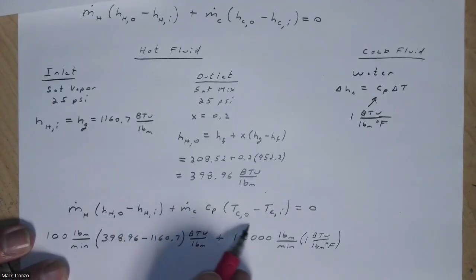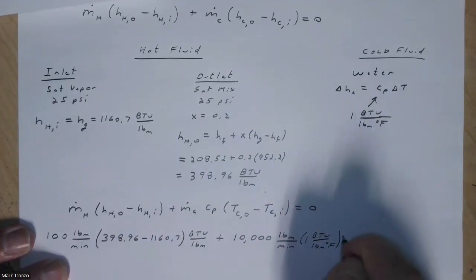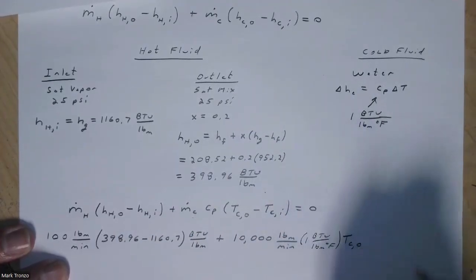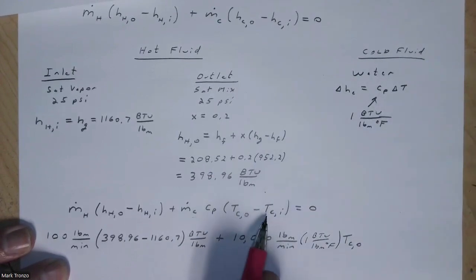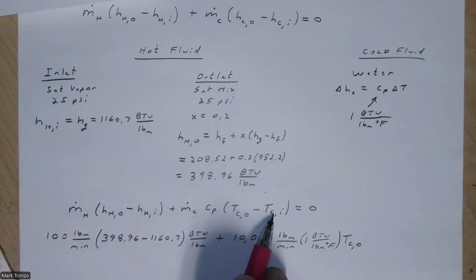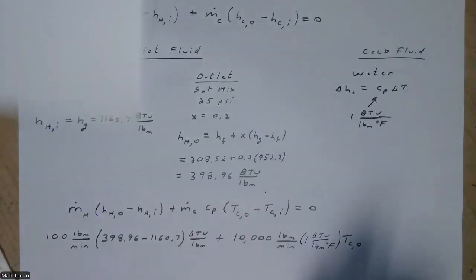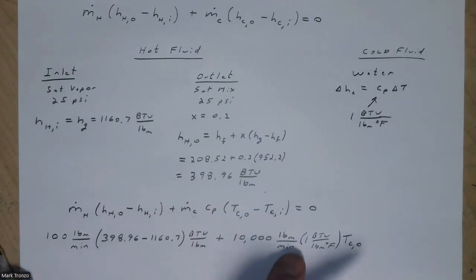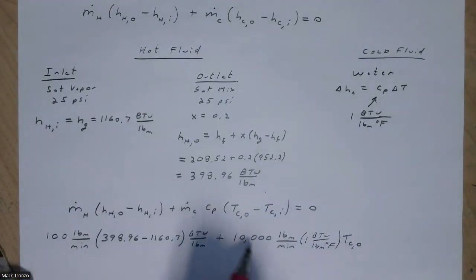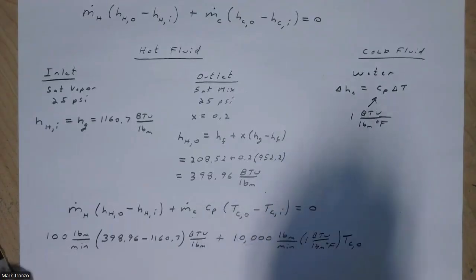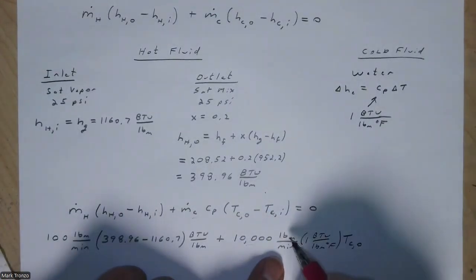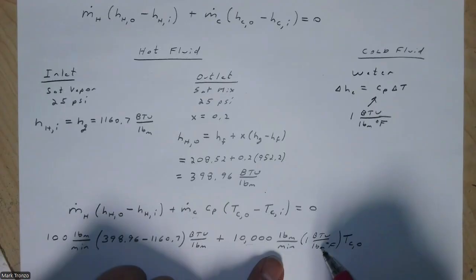And I'm going to distribute all these over. So this will end up being our T cold out. And then over here, our cold in was 68 degrees. So if we multiply this out, the pound mass will cancel.